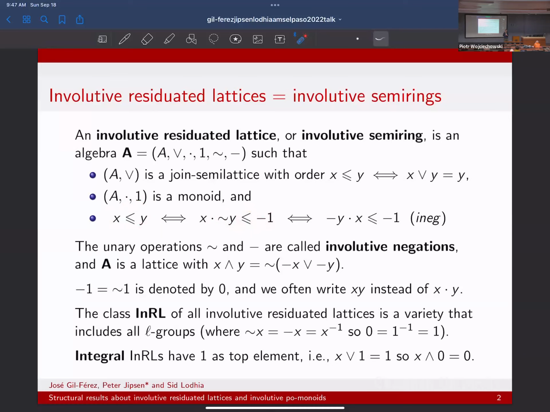If you apply tilde to both sides, the inequality would reverse, and it's really just saying you need to know the positive cone and the monoid operation, and then you can get the order. So we're going to build the bigger algebras by constructing the monoid operation and having a good idea what the positive cone is, and then the ordering will come from the fact that we want this definition to hold.